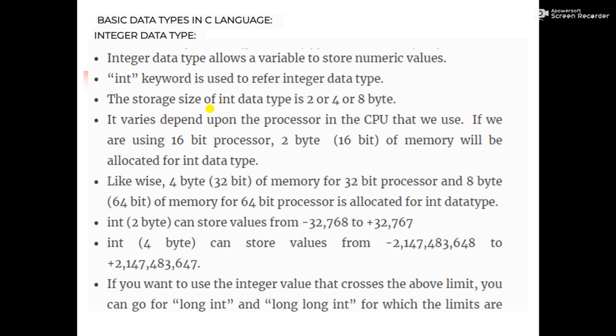This is regarding the size, meaning how many bytes it can store. Int is used generally for storing numeric values, and the range given here is -32,768 to +32,767. These are the values which can be stored in the integer.